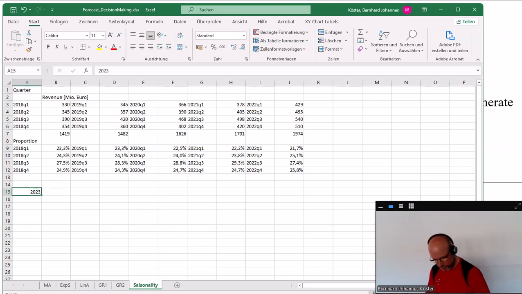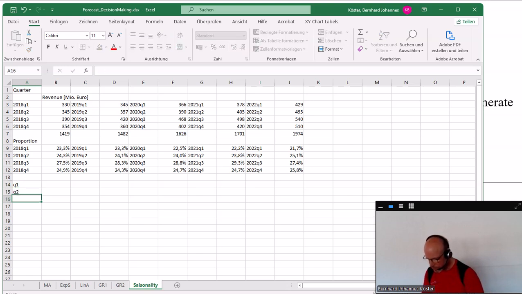Oh, no. First of all, we need now the average of every quarter proportion. This I have forgotten. So we need now Q1, Q2, Q3, and Q4.